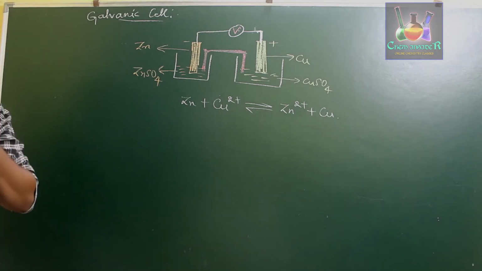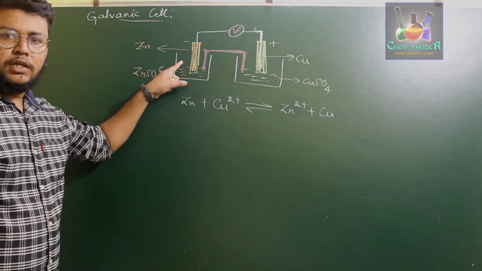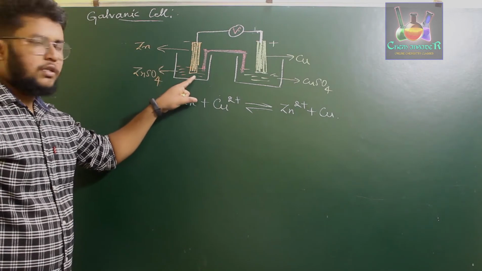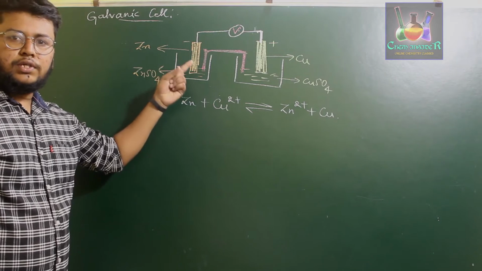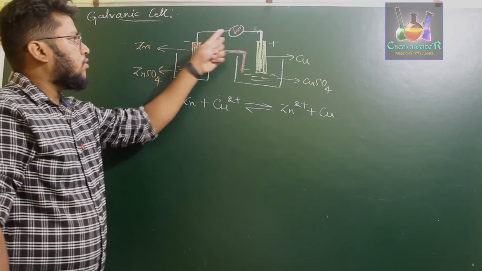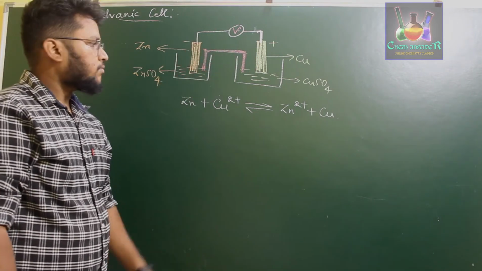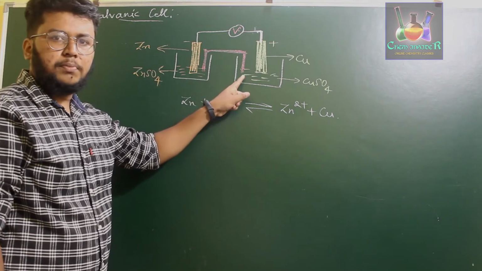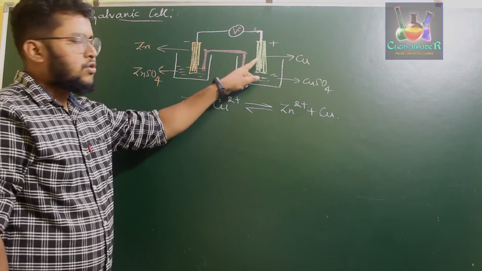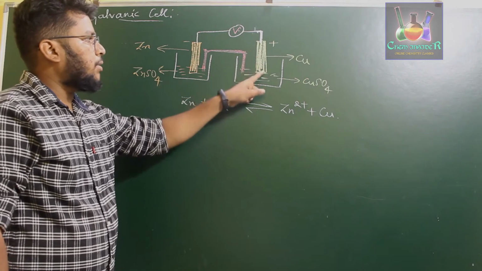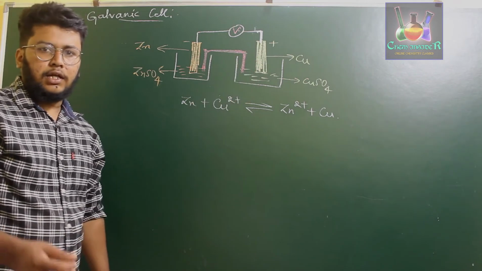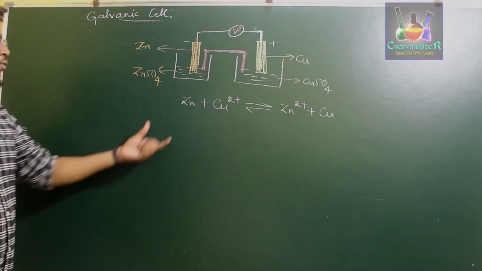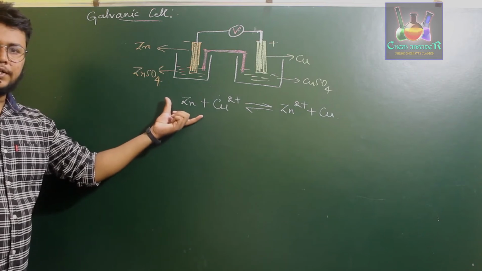If we have to explain it theoretically, we can say that the metal zinc present in the electrode dissolves in the zinc sulfate solution, losing electrons. Those electrons move towards the cathode, where the Cu2+ ions present in the solution consume those electrons and get accumulated on the metal electrode. Now we write the complete reaction as such.